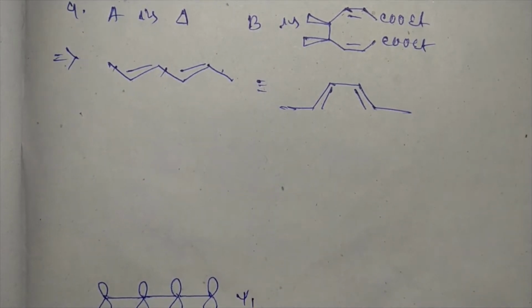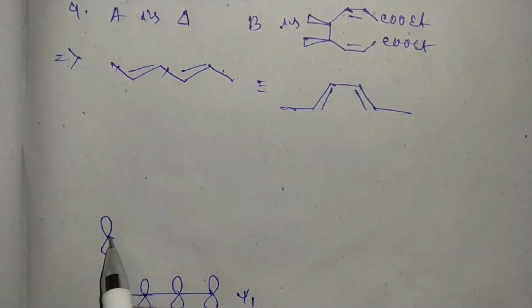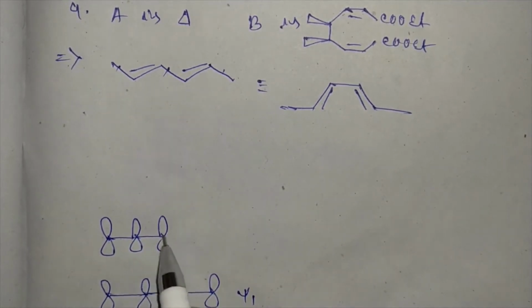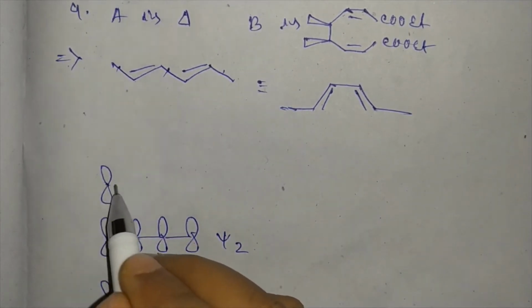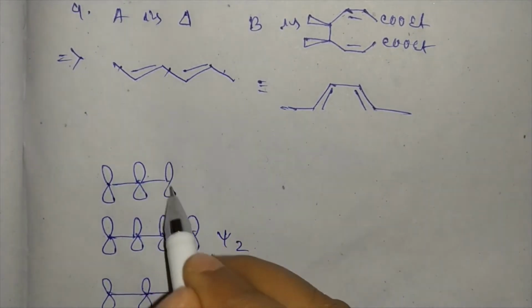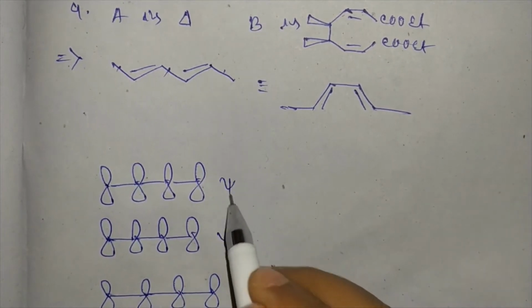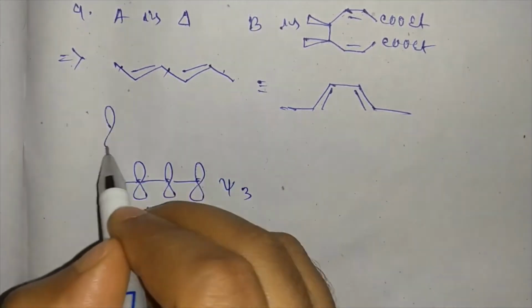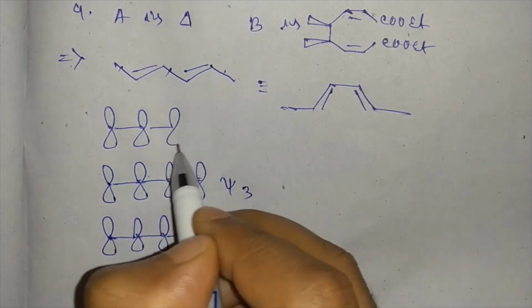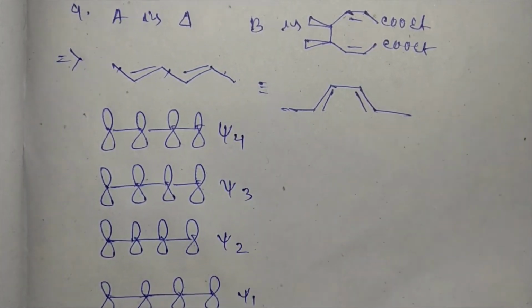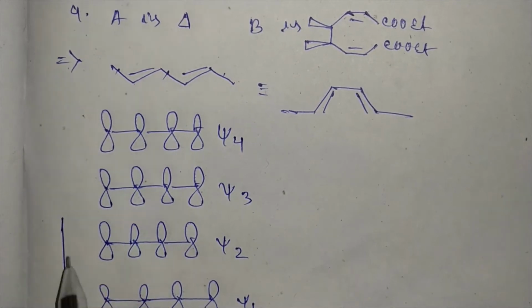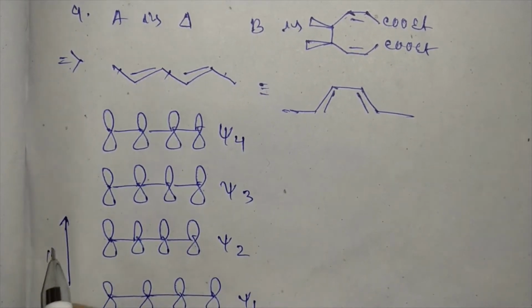This is psi 1, this is psi 2, this is psi 3, this is psi 4. Energy will increase in this axis.